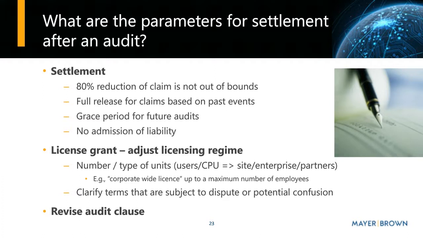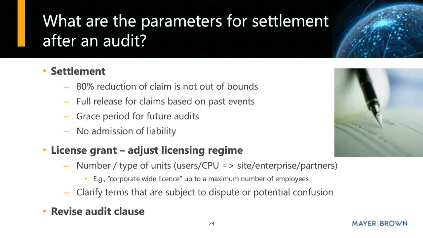It's that people's crystal balls are never perfect. I think Yogi Berra used to say, projections or predictions are hard, especially about the future. So it's not surprising that when you're writing a software contract 10 years on, things have changed. The licensing metrics you decided then might be very hard to manage.